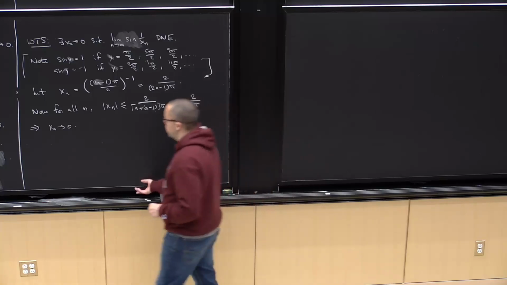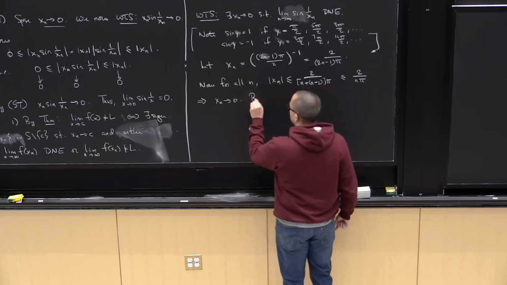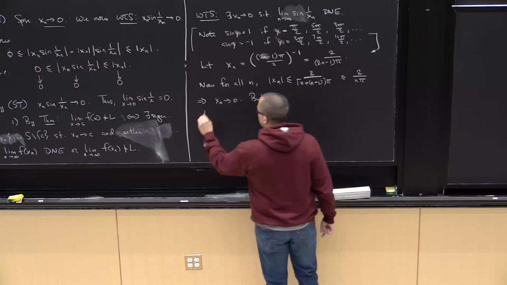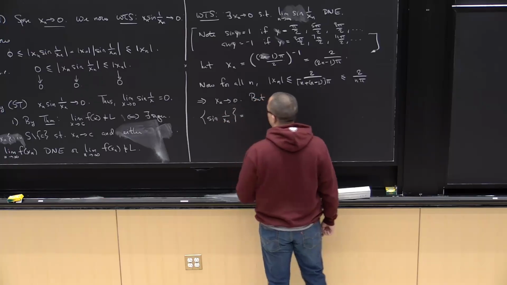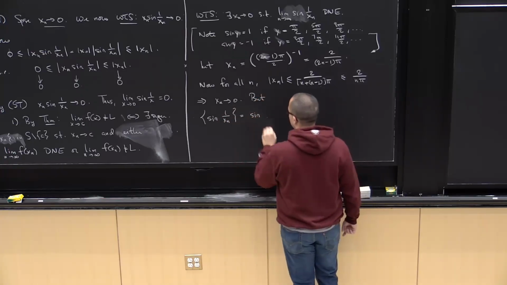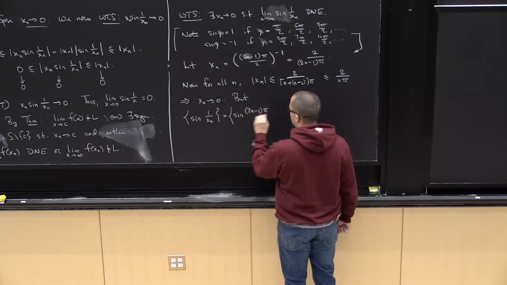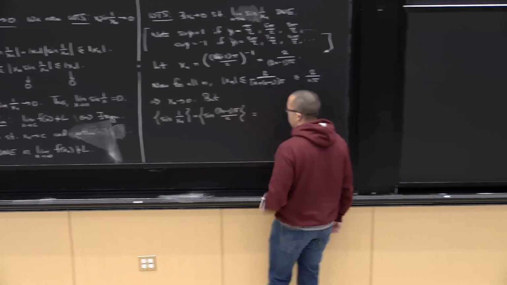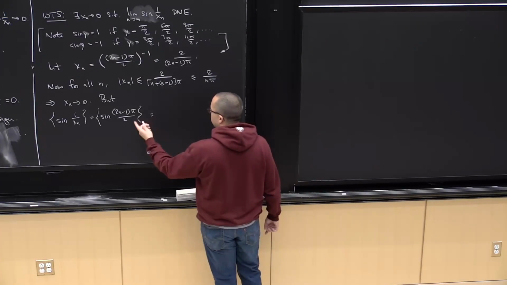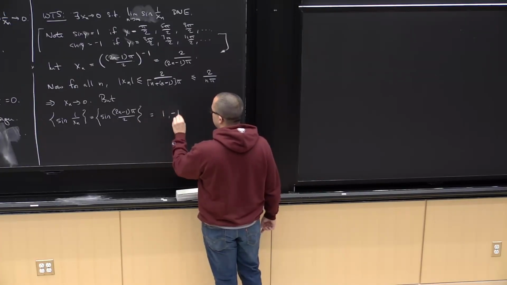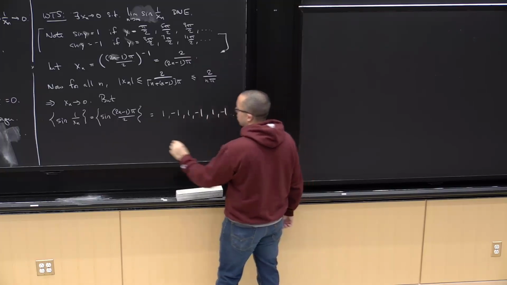But what happens when I plug this sequence into sine of 1 over x? This is now equal to sine of (2n minus 1) pi over 2. Okay? And this is therefore equal to 1, minus 1, 1, minus 1, 1, minus 1.